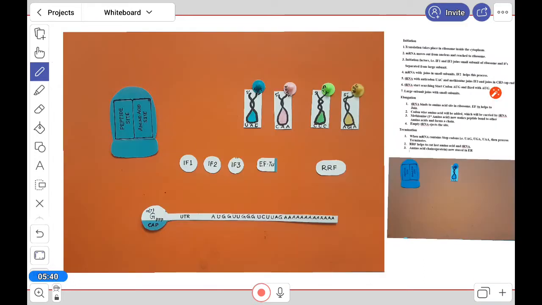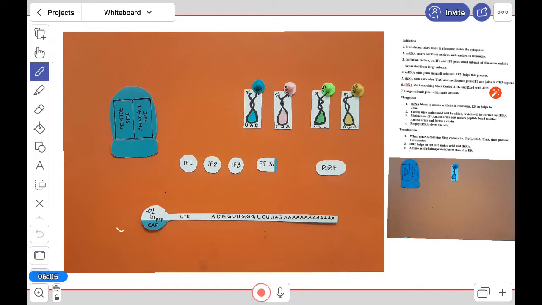Now come to the process of translation. Here also it is divided into initiation, elongation and termination. There are three clear phases. The components we are going to use, I am showing you again.